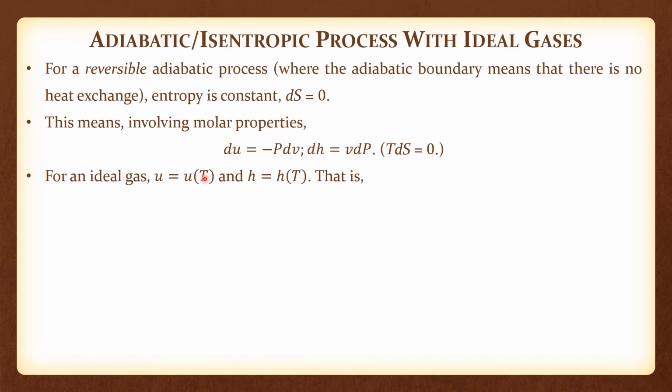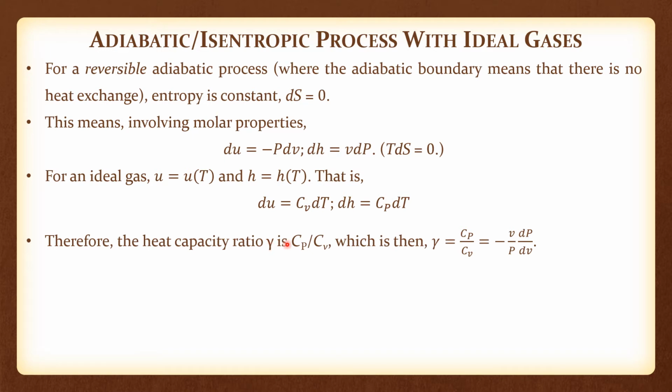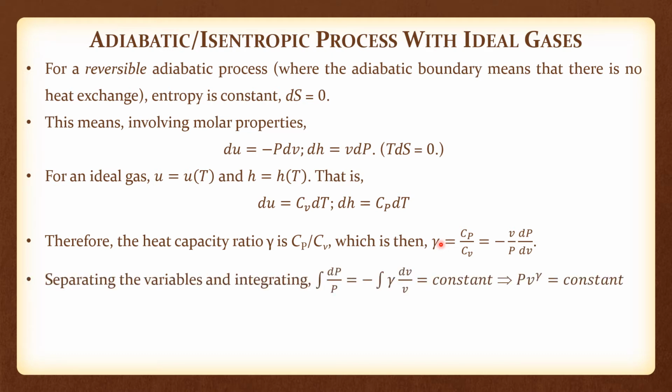For an ideal gas, U is a function of temperature alone, H is a function of temperature alone. And we know that dU is Cv dT, dH is Cp dT. And so we can equate these two, right? The heat capacity ratio, gamma, is Cp by Cv, and so therefore Cp by Cv is simply minus VdP by PdV. So this expression can be obtained, and this is a constant. So therefore we can separate the variables and integrate.